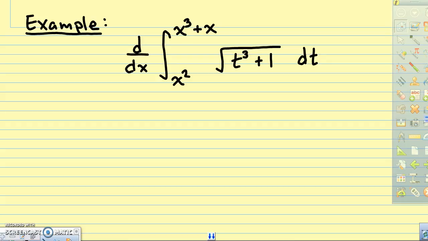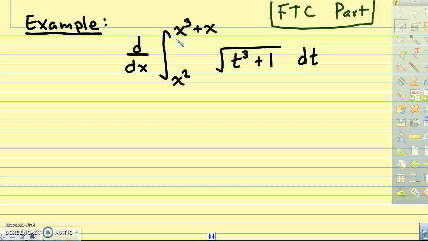And for the last example, I want to go back to the fundamental theorem of calculus, FTC, part 1. So remember I said that whatever we're integrating, we're taking the derivative while at the same time integrating a function where the lower limit is not a constant. So notice that a is x squared.